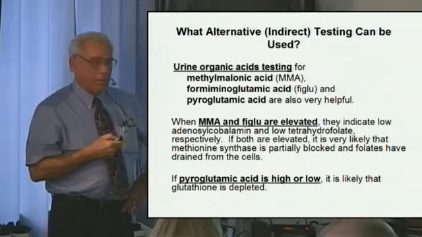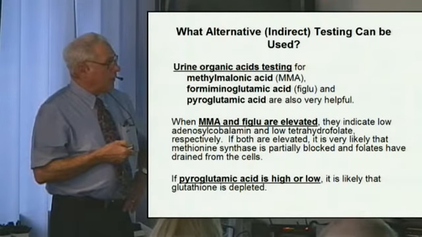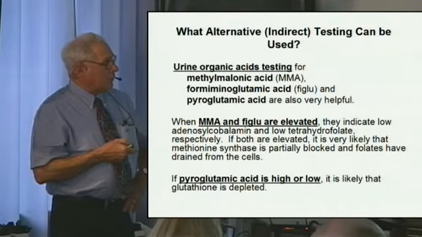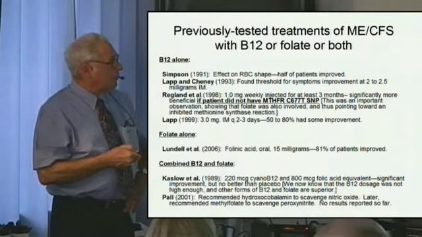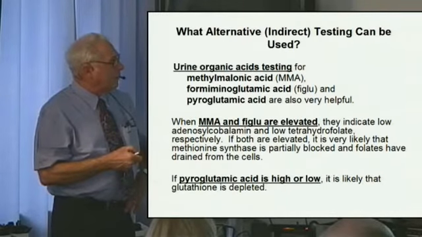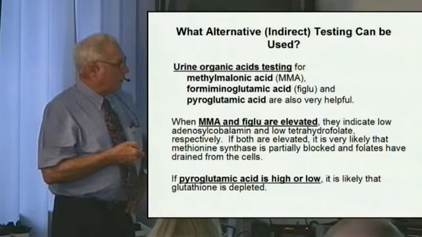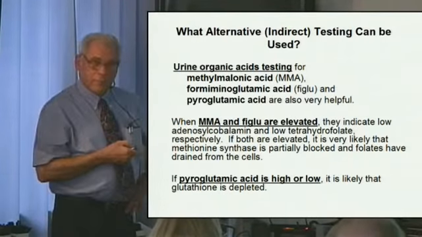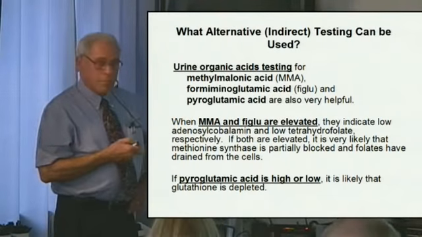One is the methylmalonic acid, this is the FIGLU, and that's the pyroglutamic. When MMA and FIGLU are both elevated, that's pretty good. That's a pretty good indication that you have a problem in the methylation cycle, because one of those is looking at B12 dysfunction or a functional deficiency, and the other is looking at a problem with folate.